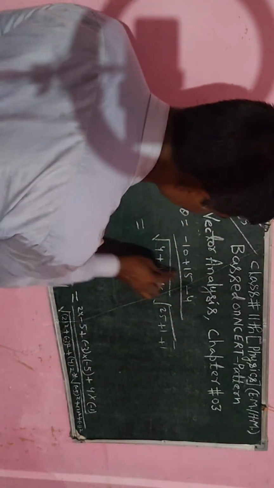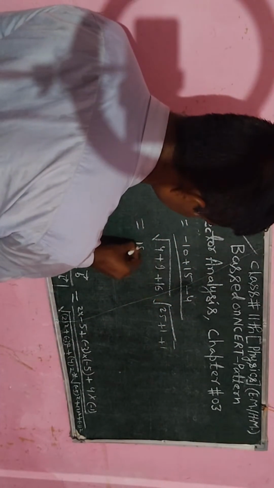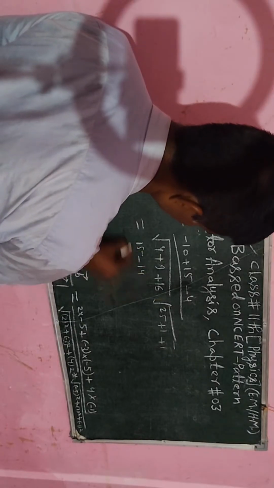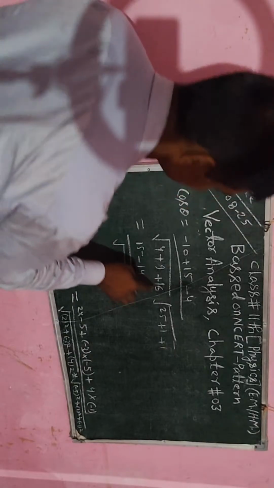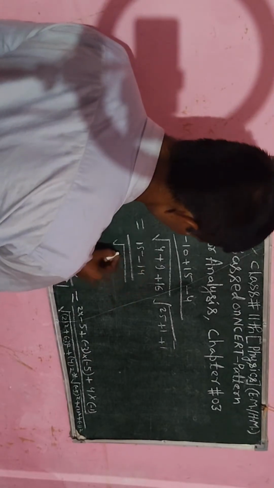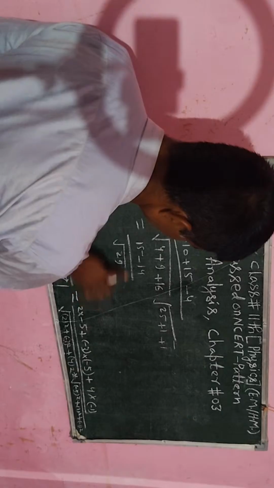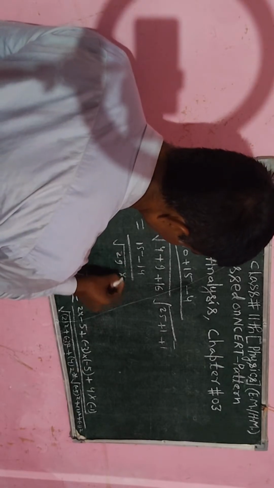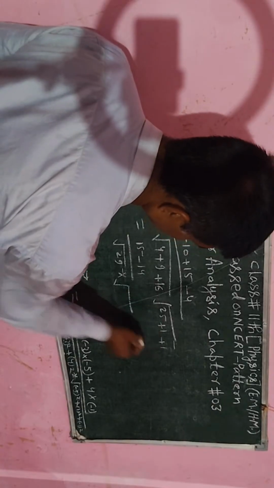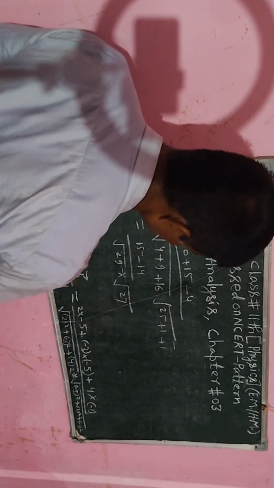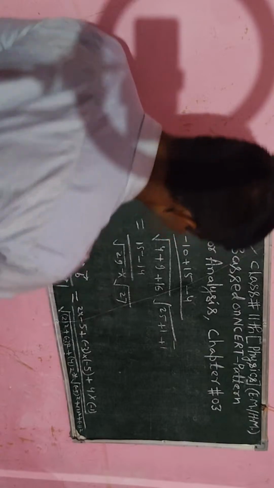So here I will write 15, minus 15, divided by 60 plus 9, 25 plus 2 is 29, into 25, 26, 27. Okay, this is the required value.